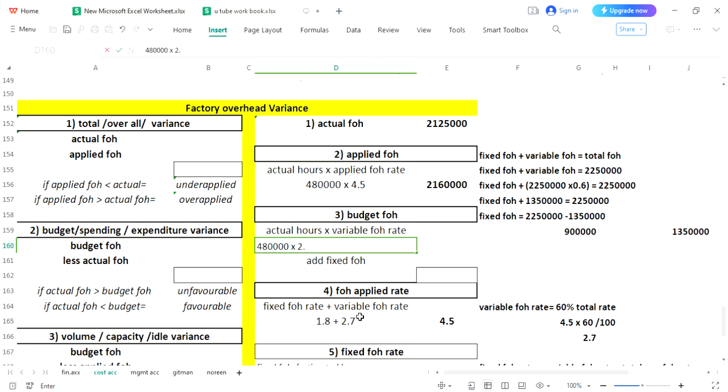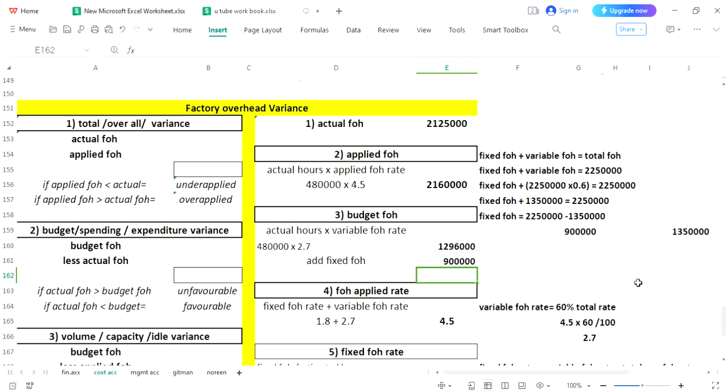So 2.7 variable FH. You can calculate its amount: 4,80,000 multiplied by 2.7, your variable FH rate. Fixed FH we have also calculated. Look here, 9 lakh. This is your fixed FH which you have calculated, 9 lakh.